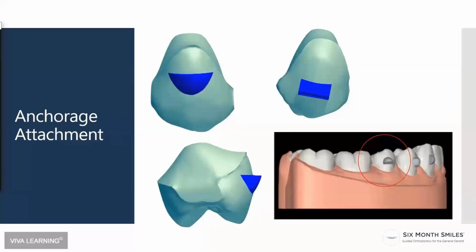In other words, these are attachments that will provide enough retention to intrude, for example, the anterior segment. So the anchorage attachment will be placed onto premolars on the left and right-hand side to intrude the anterior segment, and they will provide the retentive forces for this movement.